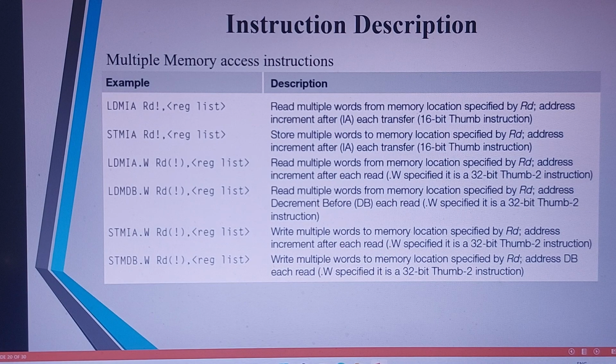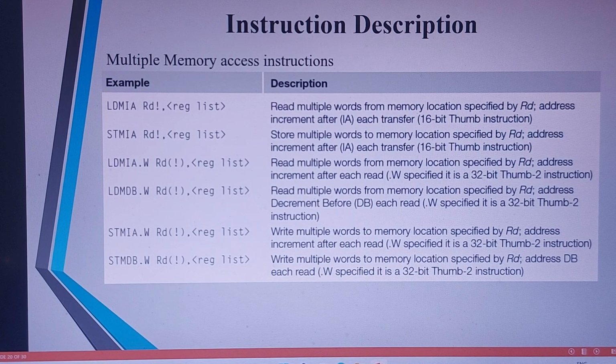Similarly, here we have some more instructions, multiple memory access instructions, and how they are performed. As we already know, read multiple words from memory locations specified by Rd, and increment after each transfer.